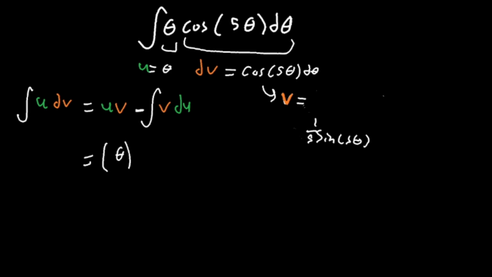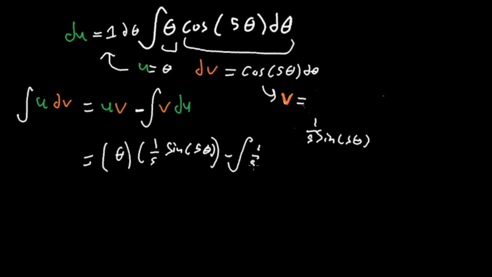Now we need to find du, because that's also something we need for our formula. So du, we just differentiate theta. So du is just 1 d theta. Don't forget the d theta. So this becomes theta times 1/5 sine of 5 theta minus the integral of v, so that's 1/5 sine 5 theta, and then du is just d theta.